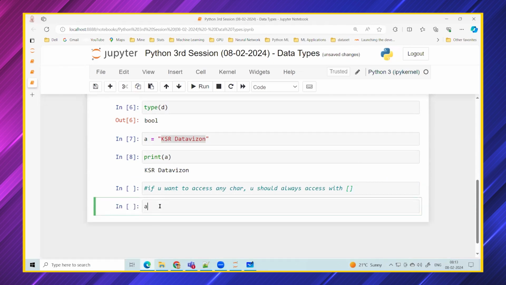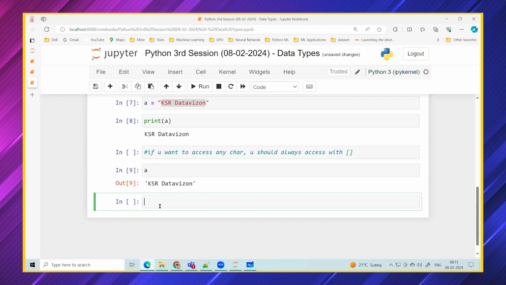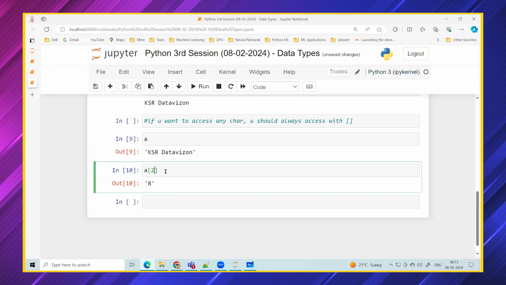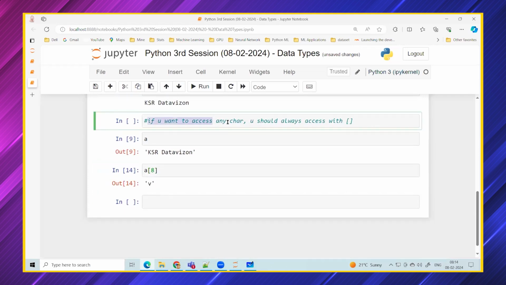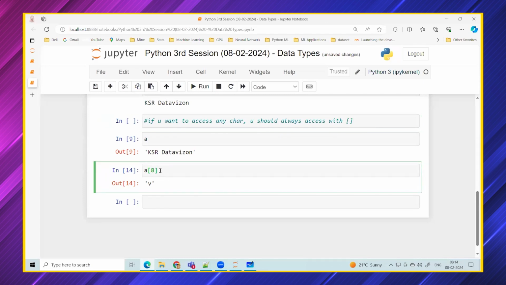If I write A, I'm getting everything. But if I write A of any number, like A of 5, A of 1, or A of 9, I'm getting that specific character. That's the only way to access a string.